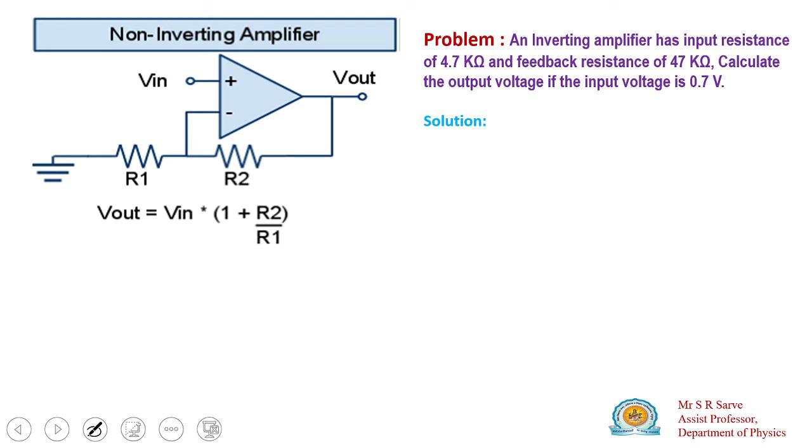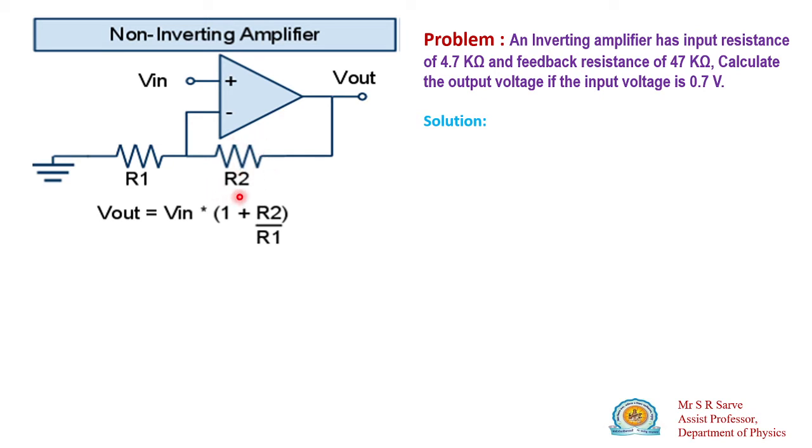Now we are going to learn about the problems on the non-inverting amplifier. So what is a non-inverting amplifier? You supply the input voltage to the non-inverting terminal, and the inverting terminal is grounded through resistance R1, and the output is fed back to the inverting terminal through resistance R2.